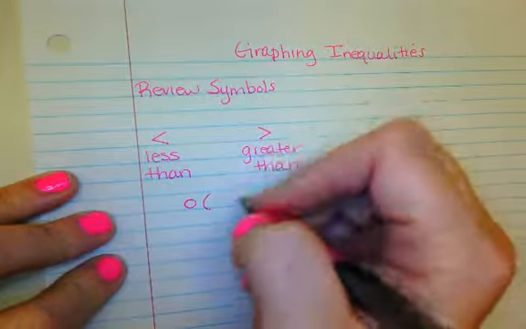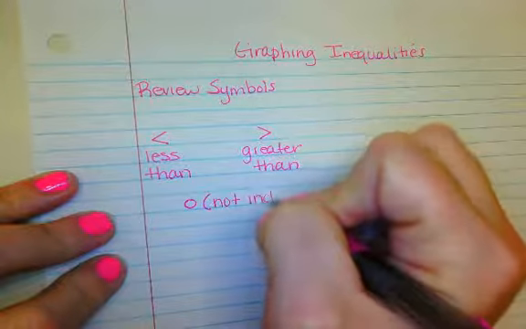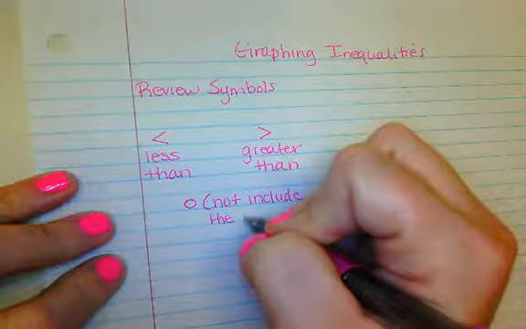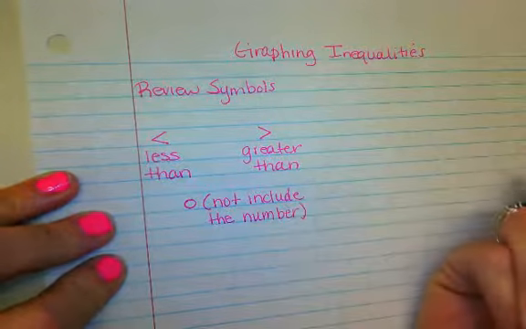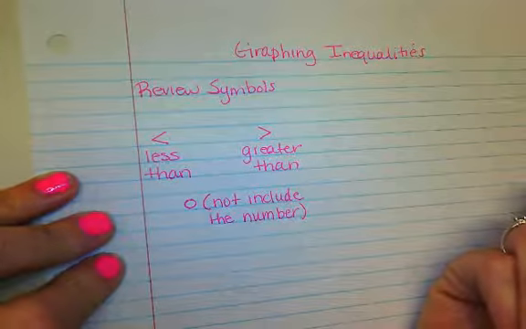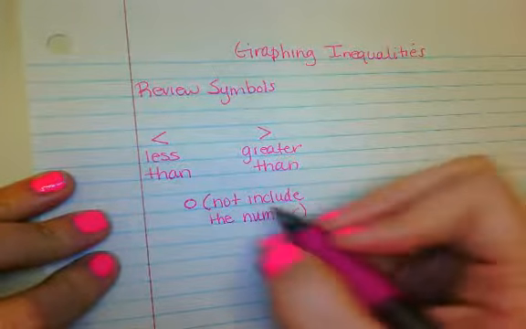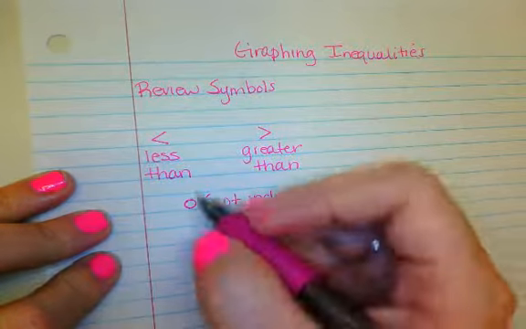And with the open circle, this does not include the number. So in other words, if x is greater than 3, it's everything greater than 3. 3 is not included. So the number is not included with an open circle.